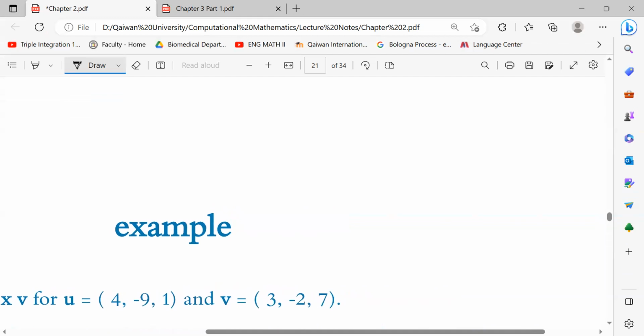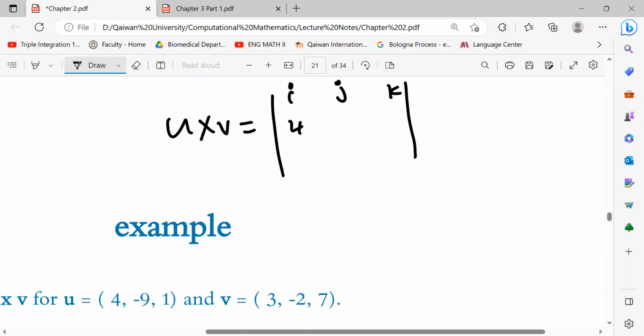We do the same as we did above. We say U cross V is i, j, k. We write down U and then V. You also could write down V, then U, it's okay. Here 4, minus 9, and 1, then 3, minus 2, 7.